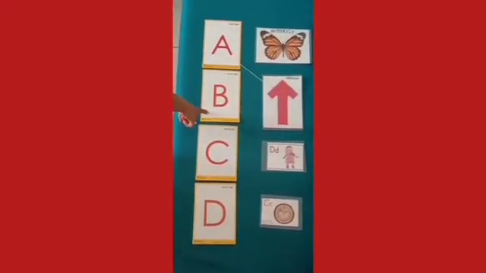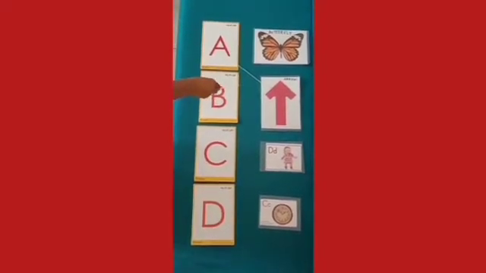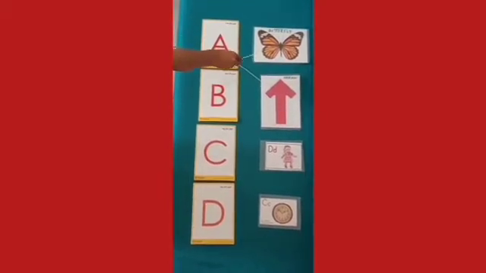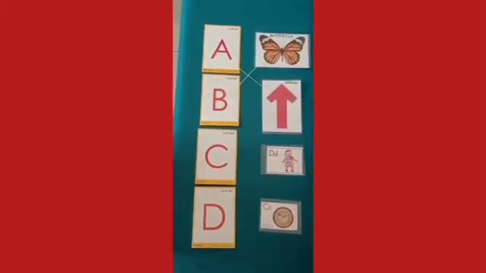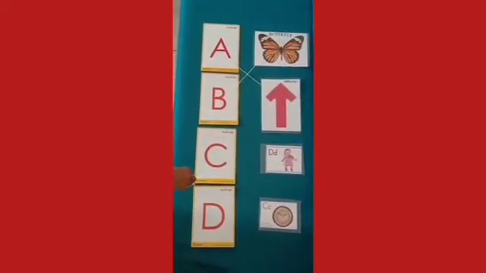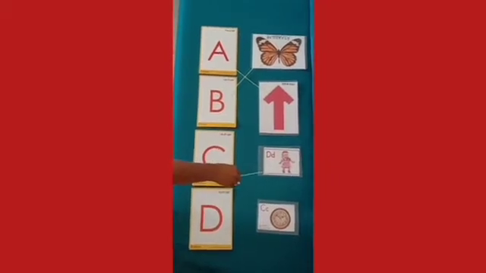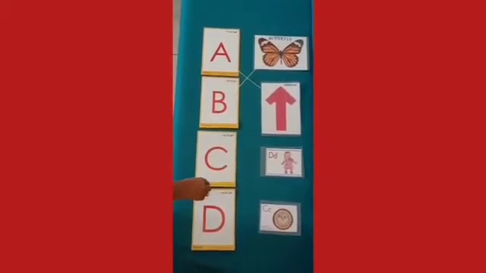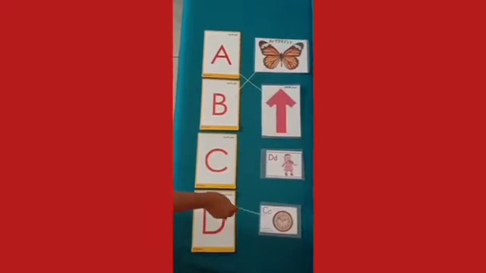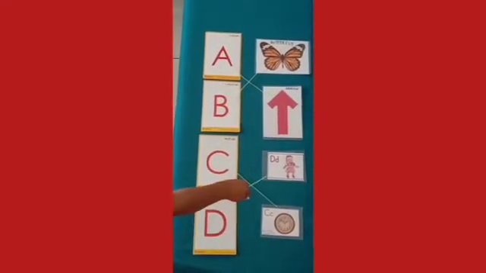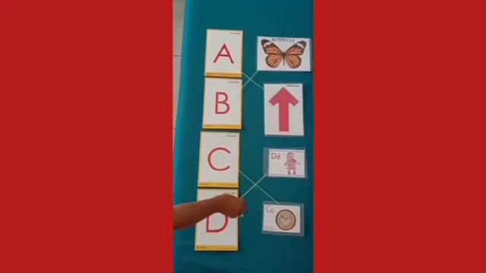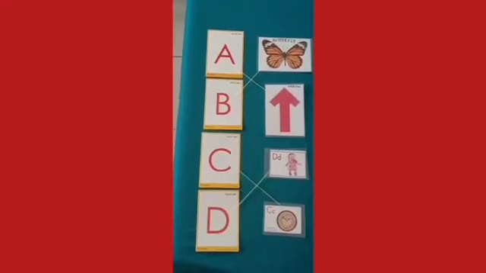Next alphabet is B. B for butterfly. So, we will match alphabet B with butterfly. Next alphabet is C. C for doll? No. C for clock. So, we will match alphabet C with clock. Next alphabet is D. D for doll. So, we will match D with doll.